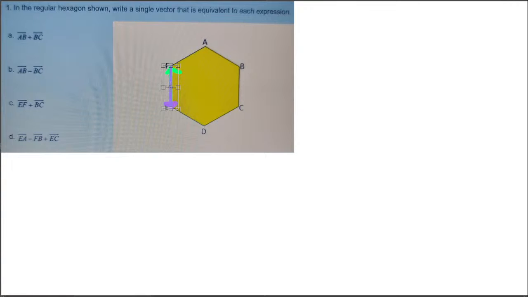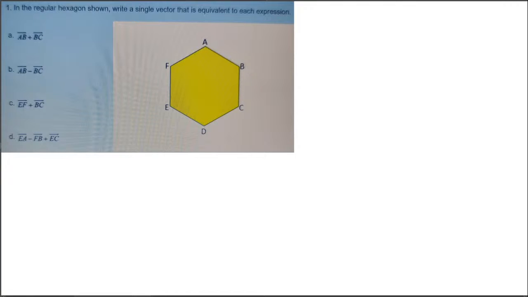I guess it's just called 0. Let's call it 0. Okay, so we'll call you 0. And then I'm going to turn these two layers off since we don't need that for D.